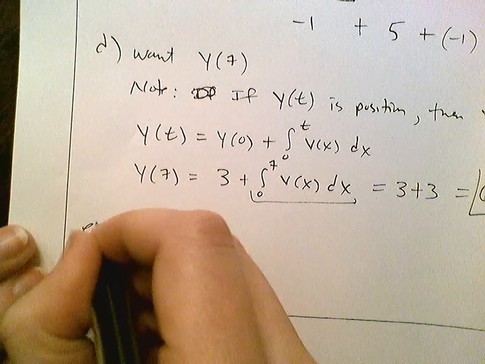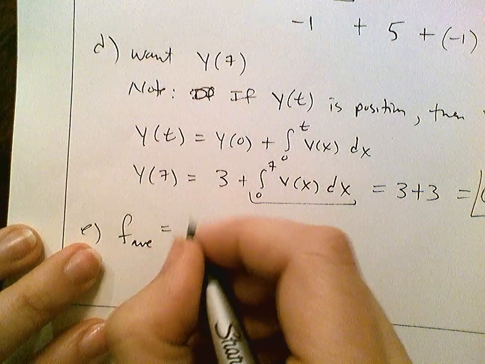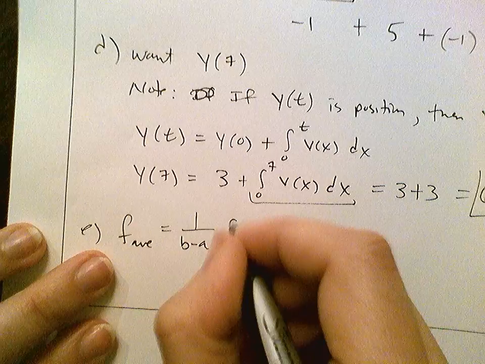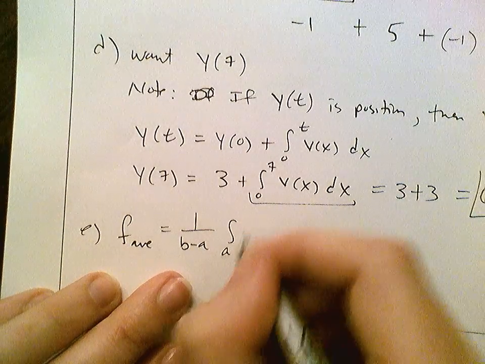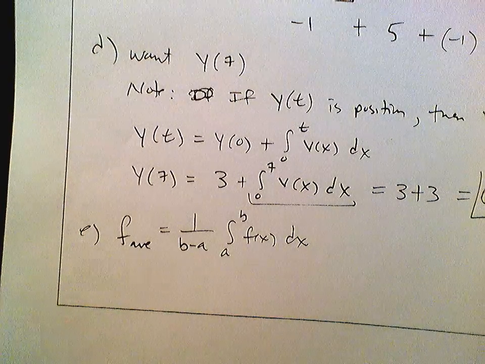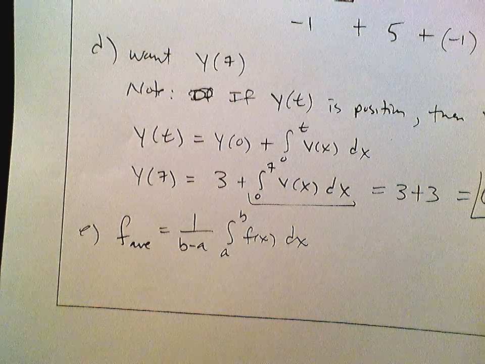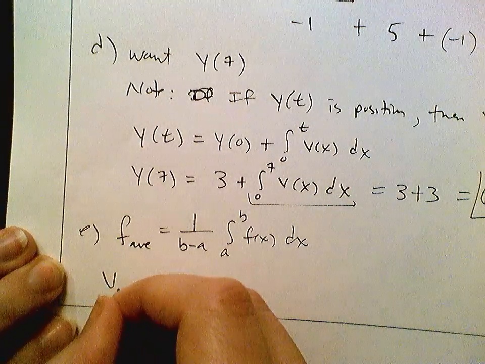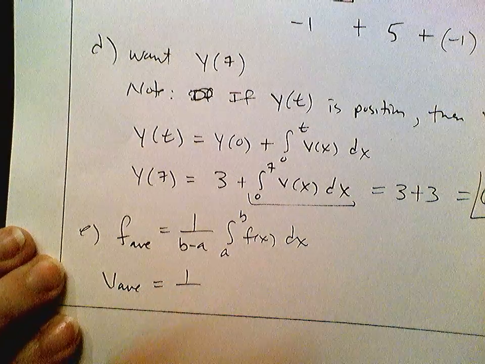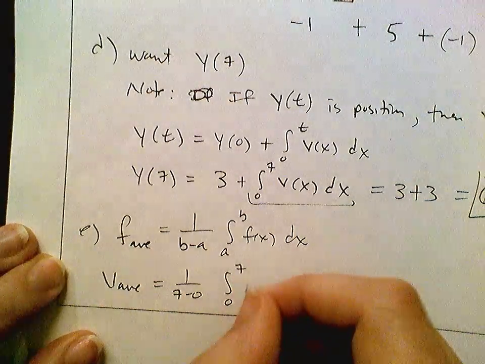Okay, so this is part E. If you want the average value of a function, it is given by this formula: 1 over b minus a, the integral from a to b of the function. Well, they want the average velocity over the interval 0 to 7. So the average velocity is going to be 1 over 7 minus 0, the integral from 0 to 7 of v.